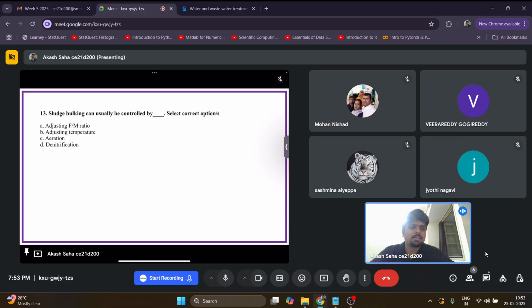Option A. Can you tell a reason, like how we can adjust the F/M ratio? Should I increase it or decrease it, so that my sludge bulking will reduce? You can write in the chat box, or you can speak out also. If I want to reduce sludge bulking, should I increase the F/M ratio or decrease it?